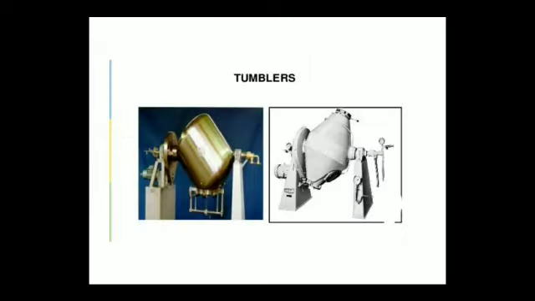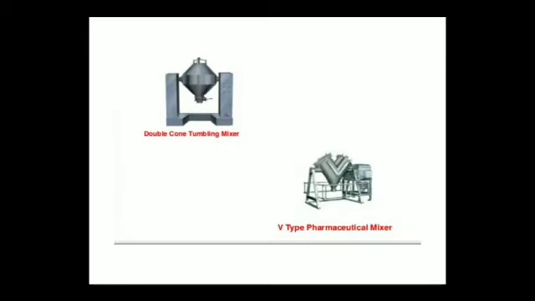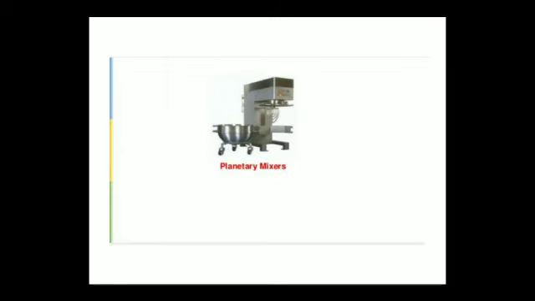Some examples are tumbling mixers, V-cone blender and double cone blender, pharmaceutical mixers and planetary mixers. These mixers have motorized blades in the containers to mix the powder materials.